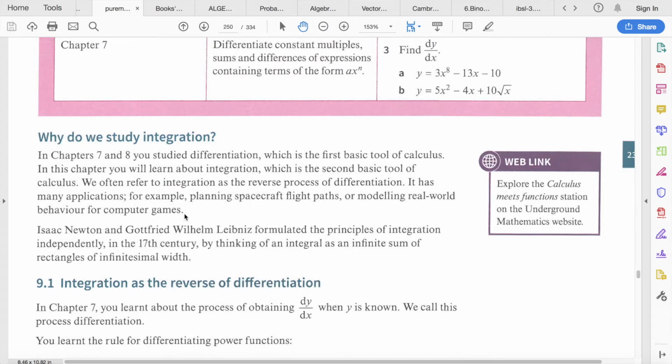You see some of the applications here, for example, planning a spacecraft flight path or modeling real world behavior for computer games. But here we mainly use integration in chapter 9 to find the original function and also to find the area under the graph.